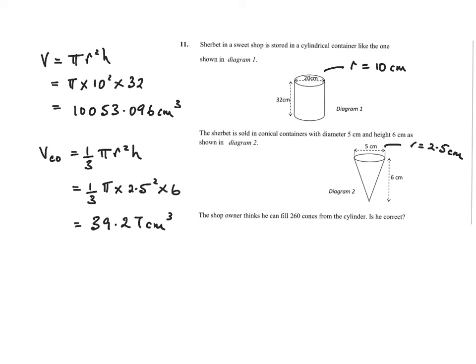The shop owner thinks you can fill 260 cones. What we're going to do then is a division. We're going to divide this number here by this number here. The answer is 255.